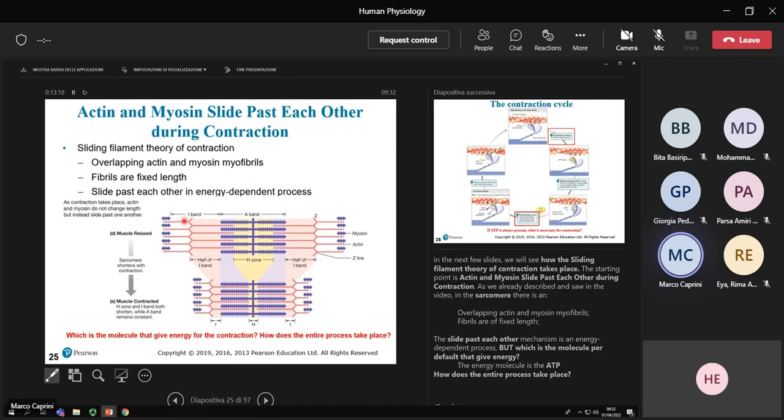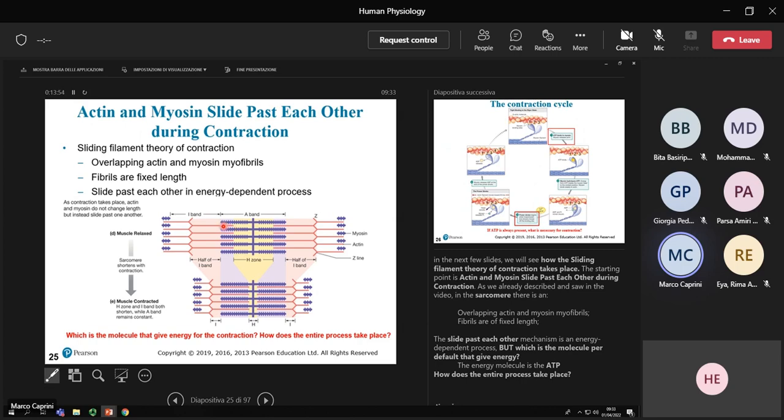And in the next few slides, we will understand how the sliding filament theory of the contraction takes place, how the cross bridges between actin and myosin, in the actin-myosin binding site, allow the muscle to be contracted.